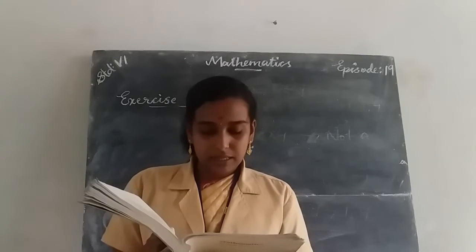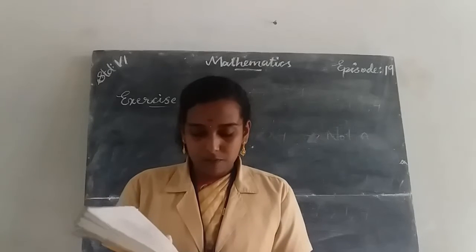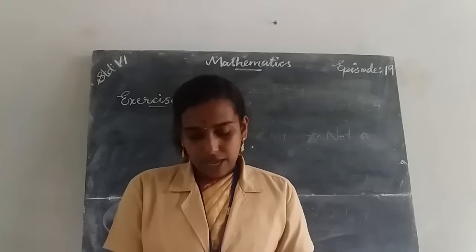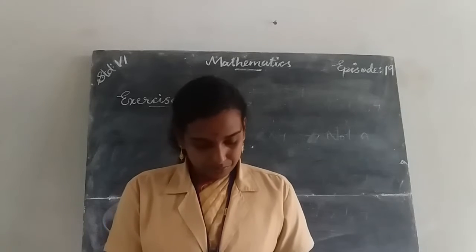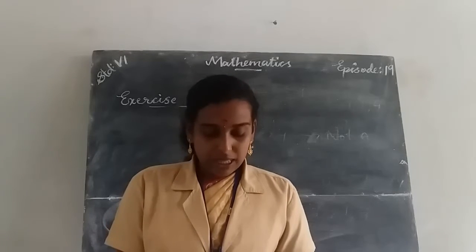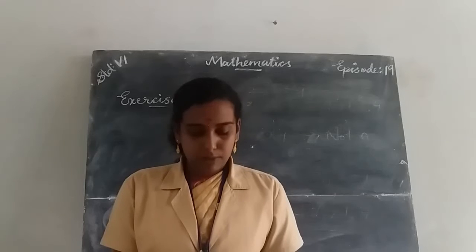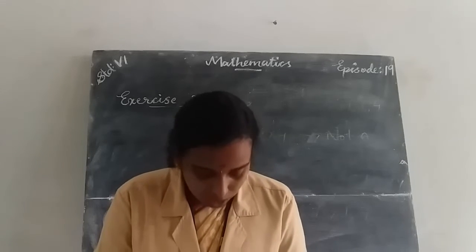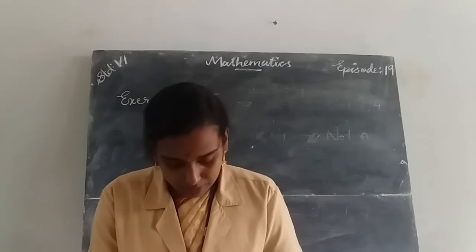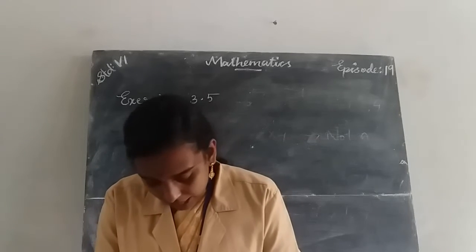Test the divisibility of the number by 5 and 9. So the question is to determine whether 25,110 is divisible by 45, and the hint is that 5 and 9 are co-prime numbers.